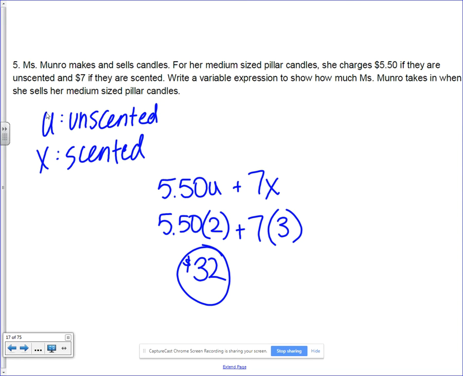Yeah, a T probably would be a poor choice as well. I always think that L's are bad too, Savannah, because L's can look like 1s. But go ahead, try it. Use the variables they've given you. Use the numbers they give you. Write me an algebraic expression.